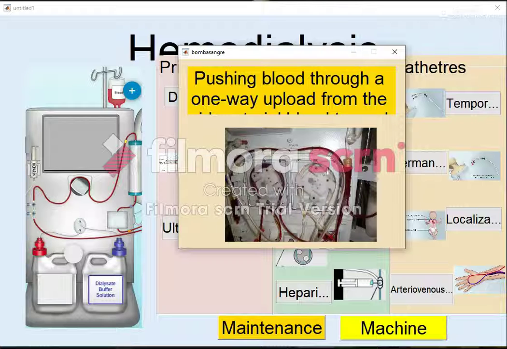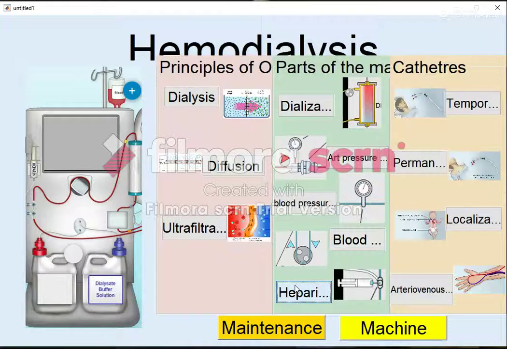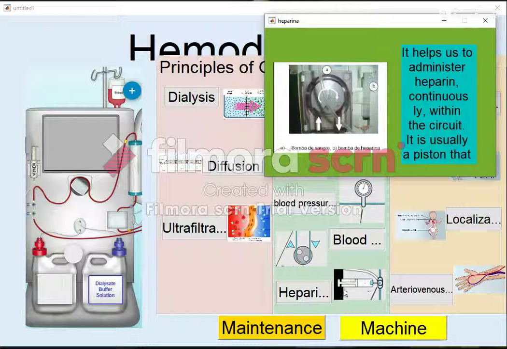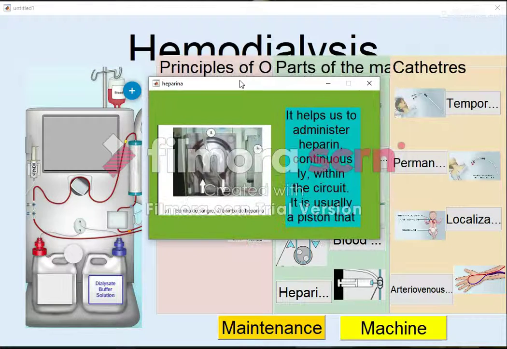The idea in this motor is to control the content of the fluid, and we can see the heparin and its circulation in the system of the hemodialysis machine.